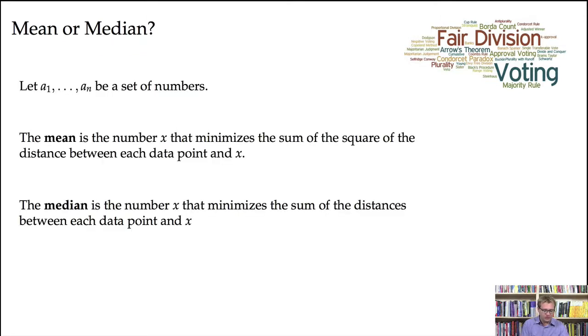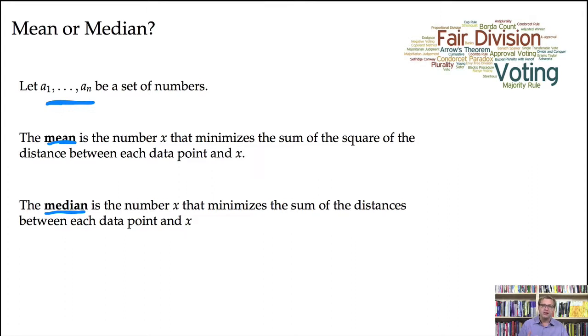Let's just for the moment suppose that we have a set of numbers, real numbers, natural numbers, whatever. And recall the following 2 characterizations of the mean and the median. Remember, the median is sort of the middle number, and the mean is the average of all of the numbers. But we have a different characterization of the mean and median in terms of distance.